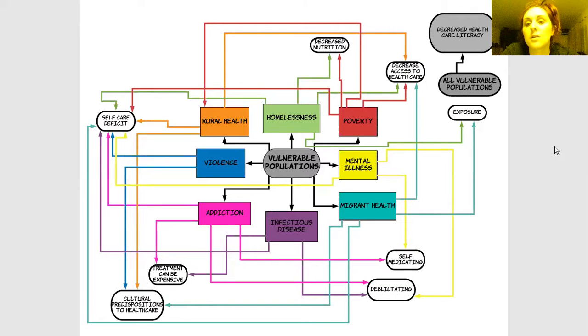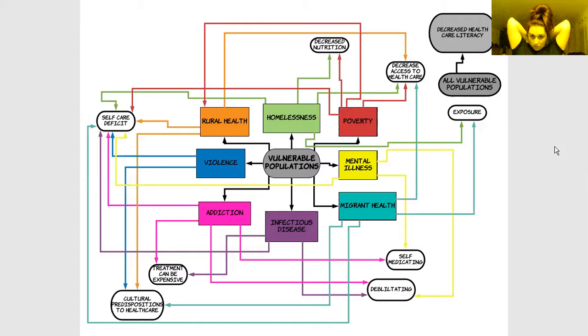Again, exposure. So with migrant health, a big thing is exposure to chemicals and the elements. When we get a mental image of migrant health in our mind, we imagine a person who's out in fields working very hard all day long, lots of sun, lots of exposure, but also lots of chemicals, and that type of stuff can lead to disease and cancers and all sorts of things.